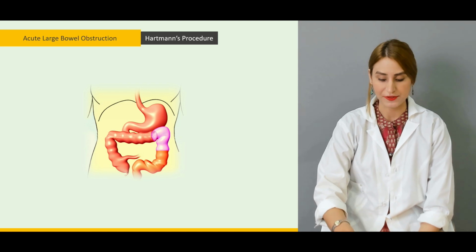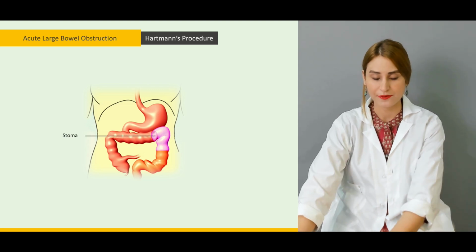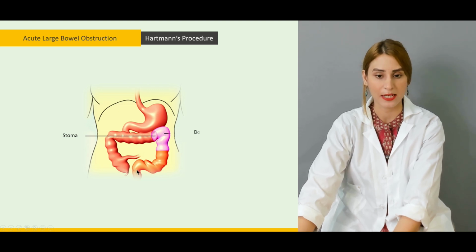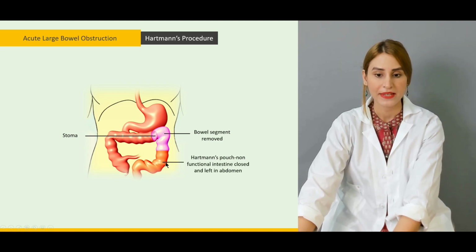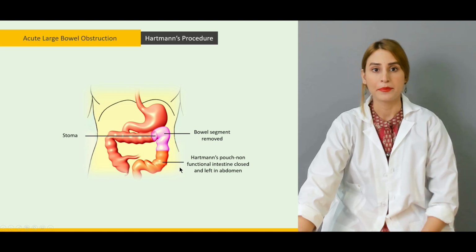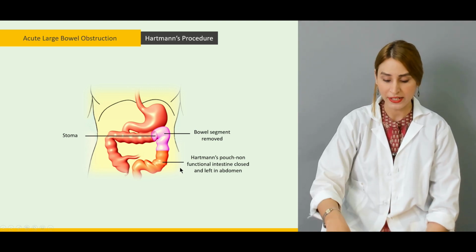That's called a Hartmann procedure. You can see here, this was the stoma that was brought out, and the distal portion was kept in that place. Bowel segment removed, and the Hartmann pouch, the non-functional intestine, closed and left in the abdomen. This is not brought out, this is left in the abdomen, right?